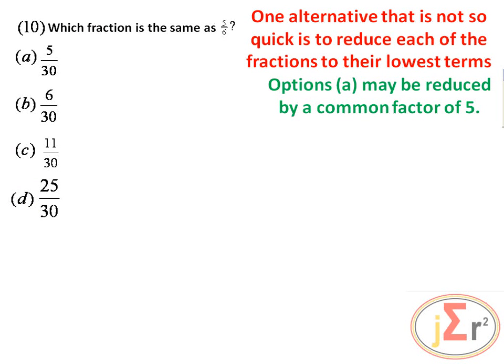Option A may be reduced by a common factor of 5. 5 into 5? 1. 5 into 30? 6. So the result will therefore be 1/6.